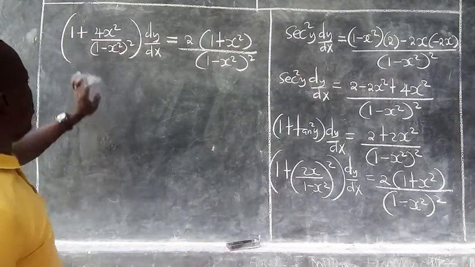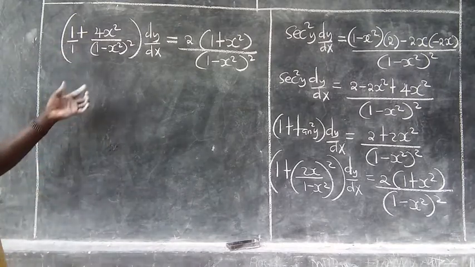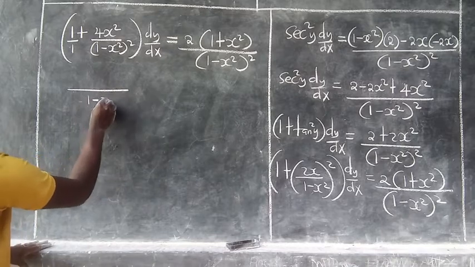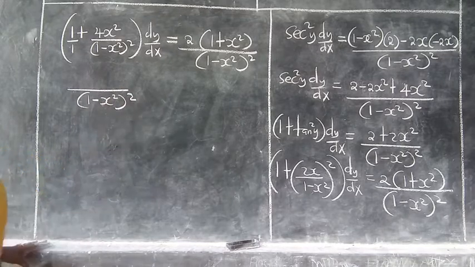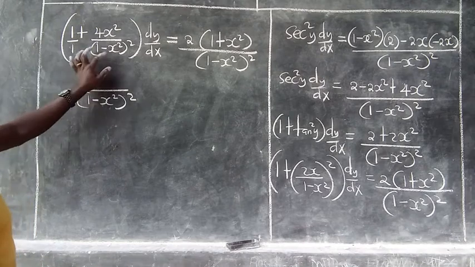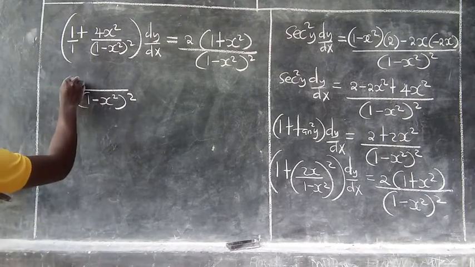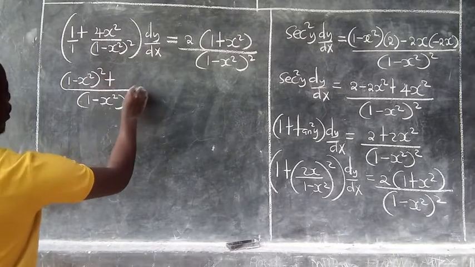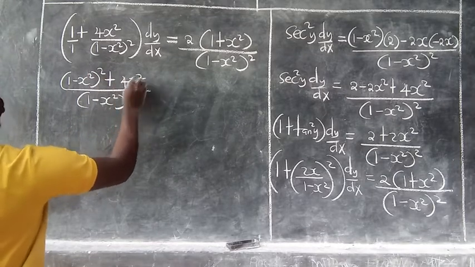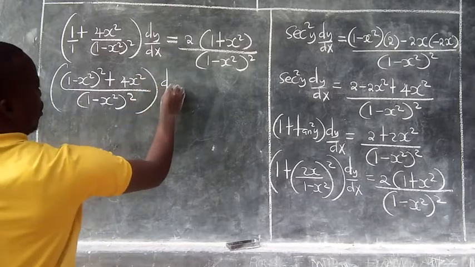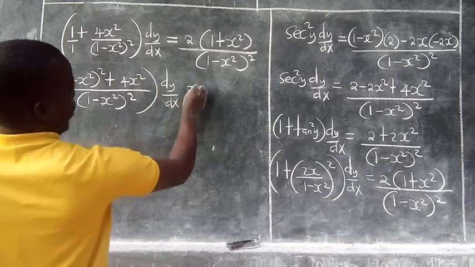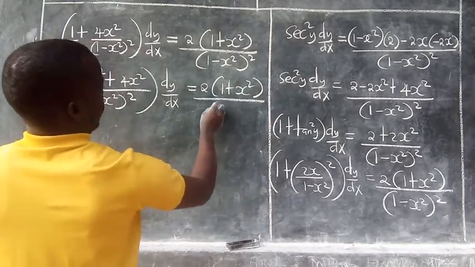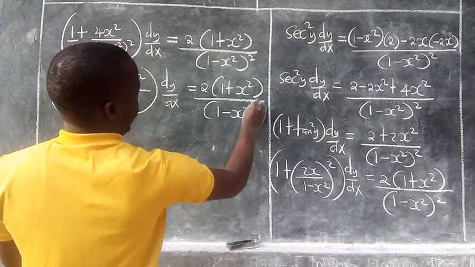Then from this point the LCM automatically will be 1 minus x squared but squared, so that we have 1 minus x squared but squared. And if we divide this by this, we get this very expression multiplied by 1. Of course, it will be plus the 4x squared. But remember, all this is into dy dx, giving us 2 into 1 plus x squared out of 1 minus x squared, but all squared.